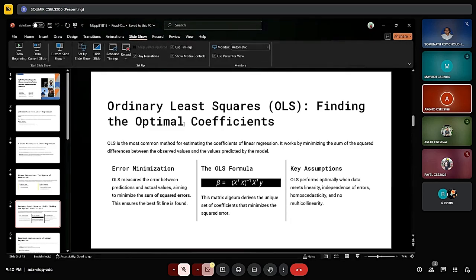The OLS formula is beta equals (X transpose X) inverse X transpose y. The matrix algebra provides the unique set of coefficients that minimizes the squared errors. The key assumptions are: OLS performs optimally when the data meets linearity, independence of errors, and no multicollinearity.